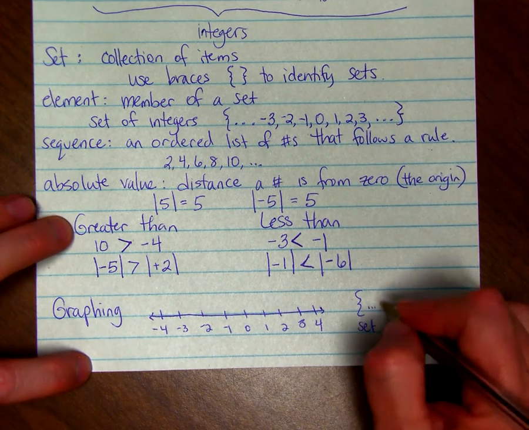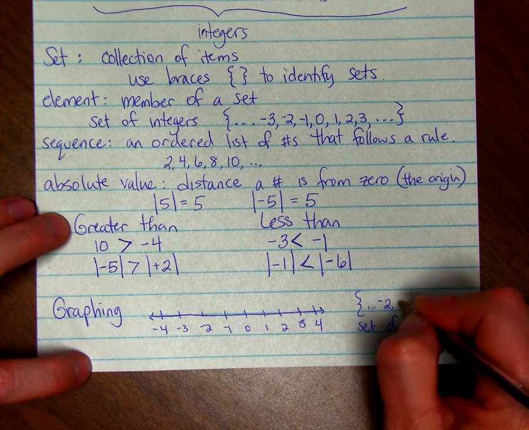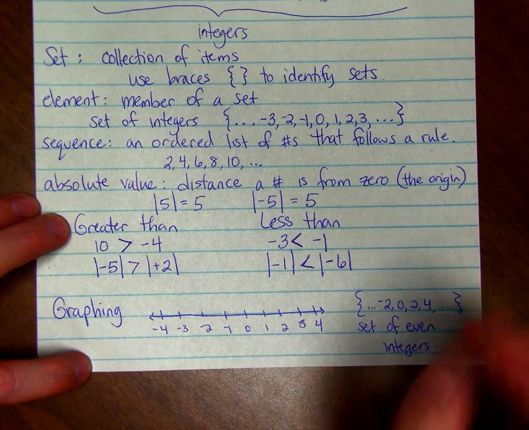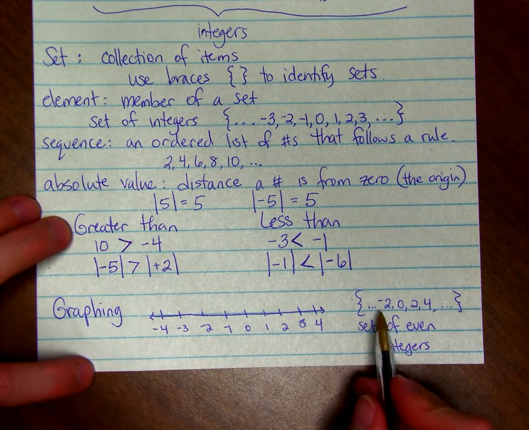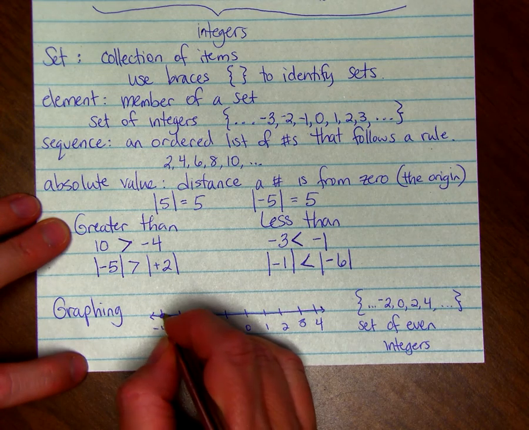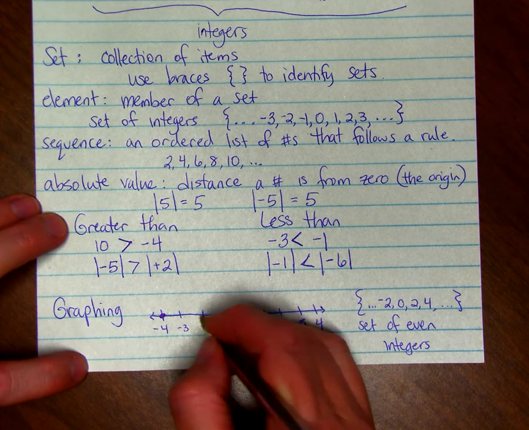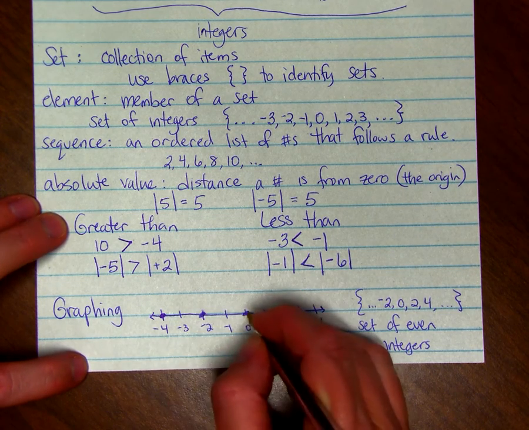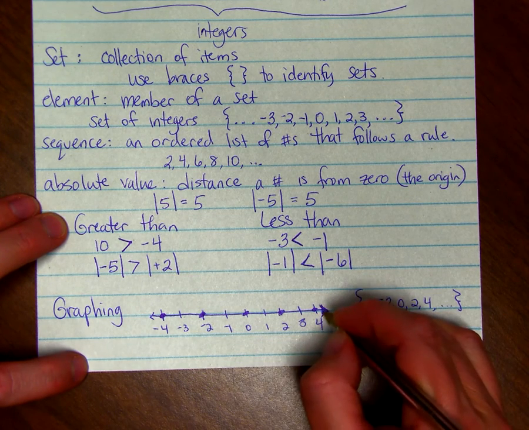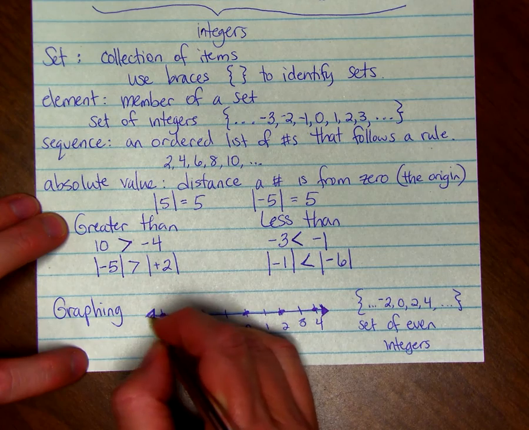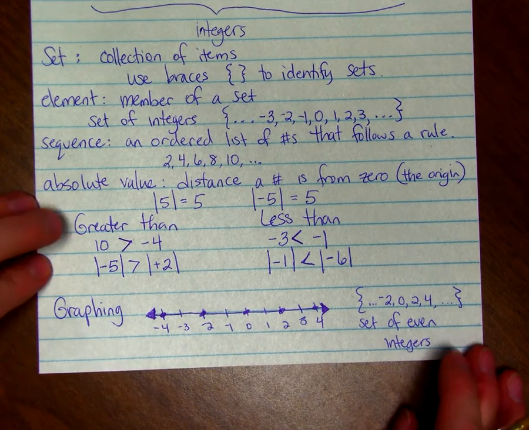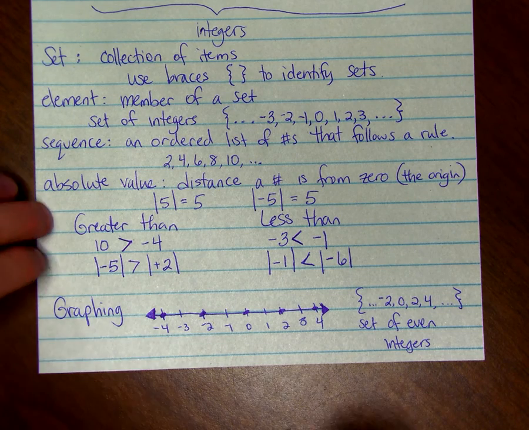So we have ellipses, -2, 0, 2, 4, ellipses, and so forth. So because -4 is included in these ellipses, we put a dot on the number line, and then on the -2, on the 0, on the 2, on the 4, and then we draw these arrows on the end and color them in to show that the pattern is going to continue in either direction for the set of even integers.